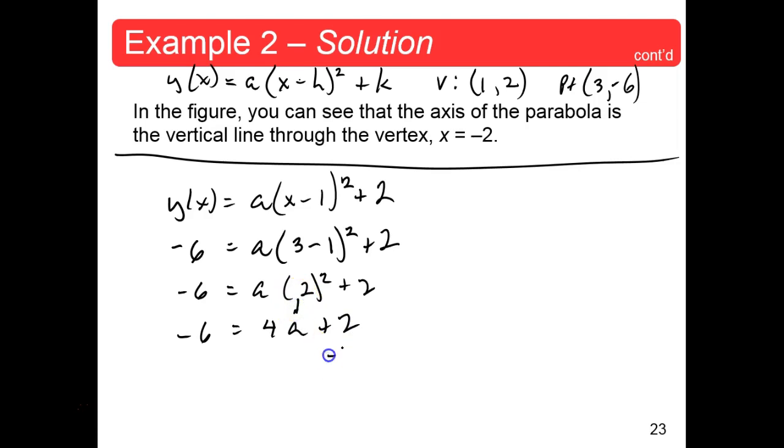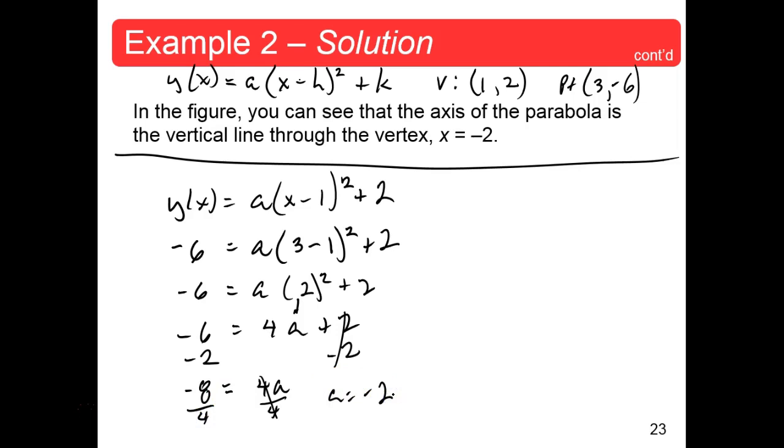Subtract 2 from both sides. And that gives us -8 is equal to 4a. And what is a? Divide both sides by 4. And that gives us -2. A is equal to -2.